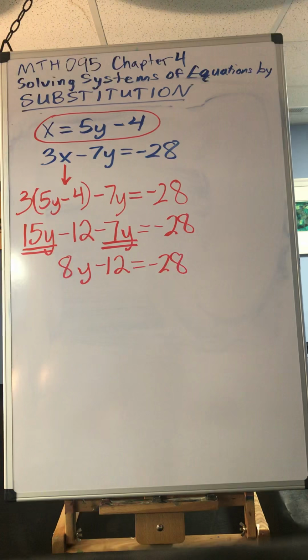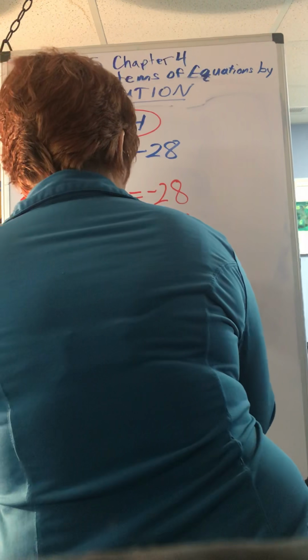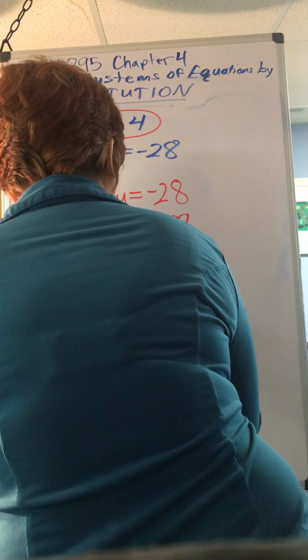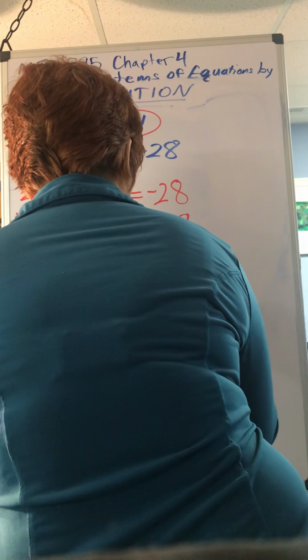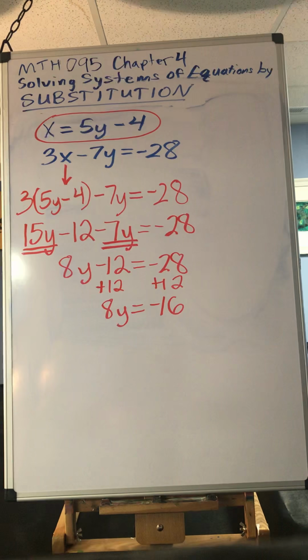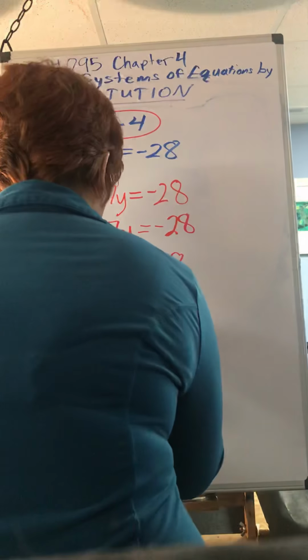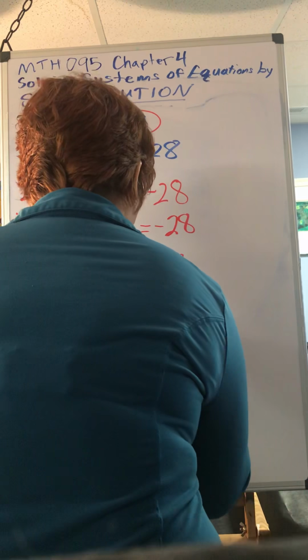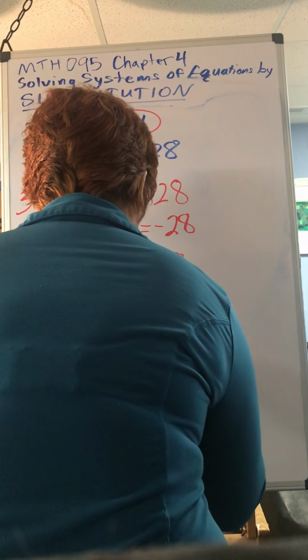And then the inverse of subtraction is addition. So you'll have 8y is, the signs are different, so you subtract and take the sign of the larger digit, which is negative, and then you will divide both sides by positive 8. And you'll have y is negative 2.